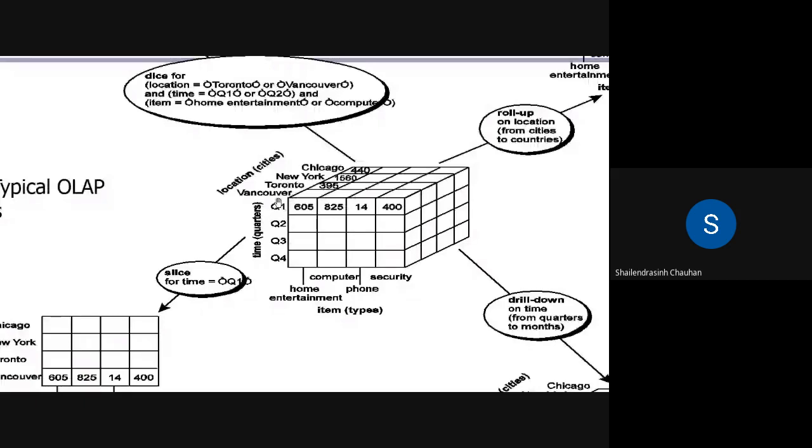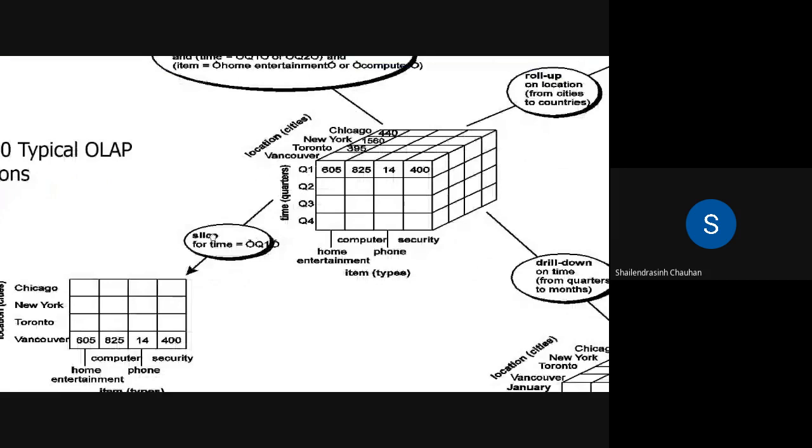Then I will get all the data of the first quarter. If you perform slicing on the same cube with respect to Q2, you will get all the data for the second quarter. So slice for time equal to Q1 means you perform slicing on this cube by considering the first quarter.